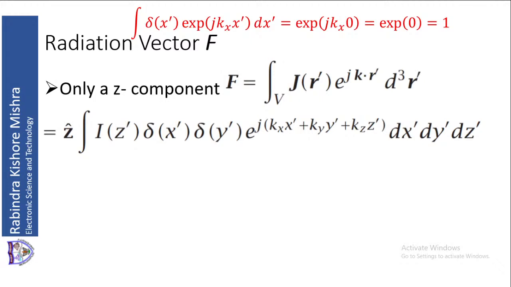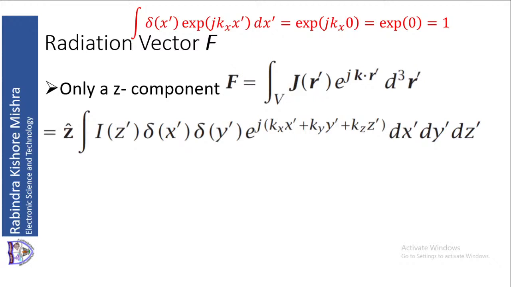Now if I expand that, k dot R dash, k is equal to x cap kx plus y cap ky plus z cap kz. Similarly, R dash is equal to x cap x dash plus y cap y dash plus z cap z dash. So if you take their dot product, that part will be exponential j kx x dash plus ky y dash plus kz z dash.